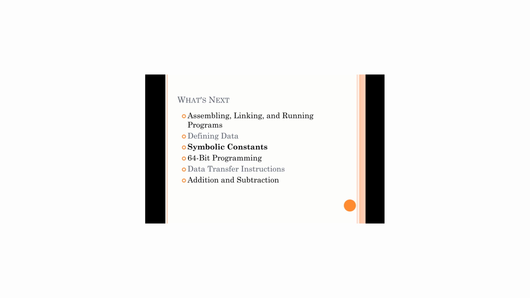In this video, let's learn about symbolic constants, 64-bit programming, and data transfer instructions. So first, let's talk about symbolic constants, which is not a new concept for most of you.